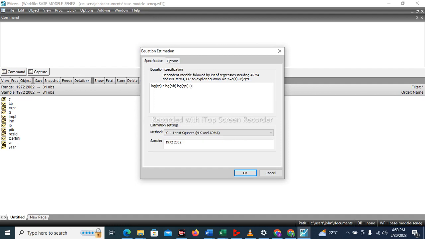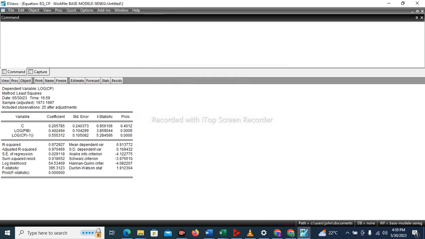That's how we write a lagged variable for 1 year. It should be least squares. Remember, we are using time series, and we are using ordinary least squares. Of course, the sample is from 1972 to 2002. Once you have that, this one should have another bracket. Then you click OK, and that's it.